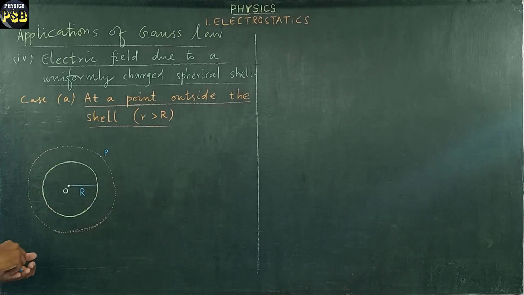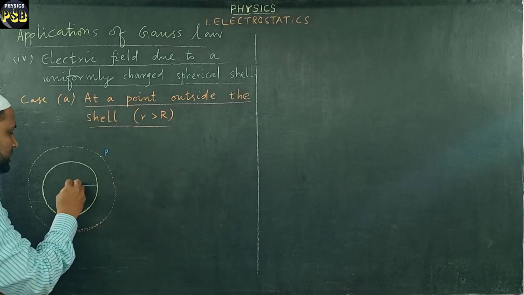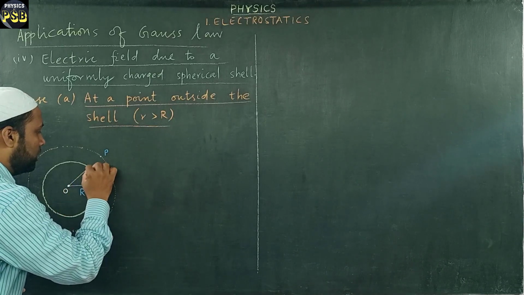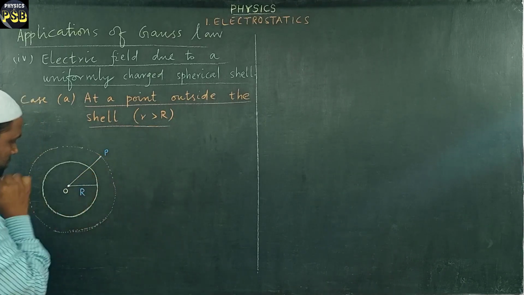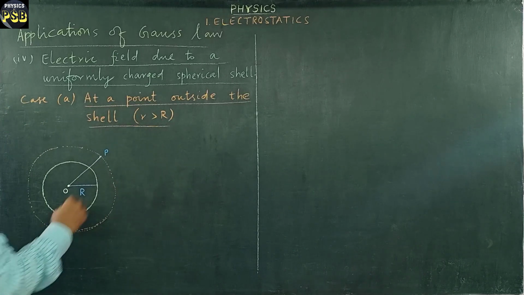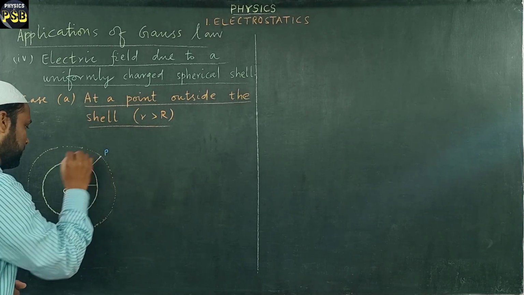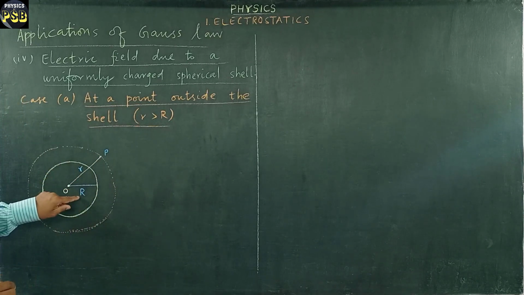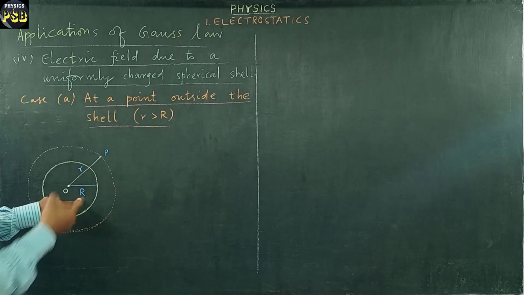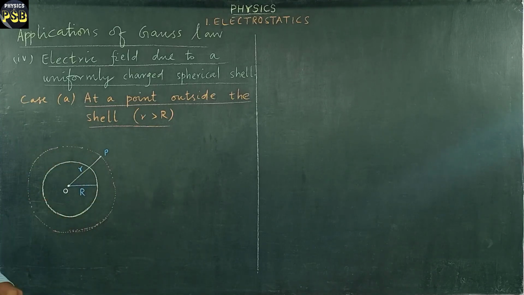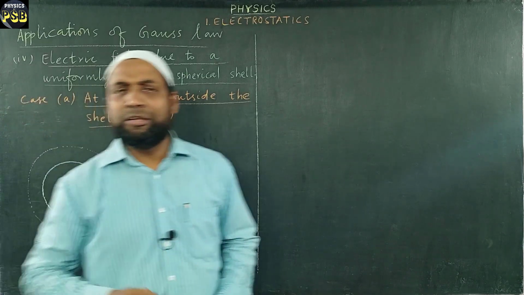Here point P is at a distance small r from O. Here small r is greater than capital R. It is obvious from the diagram. So at this point P I am going to find out the electric field due to this charged spherical shell.